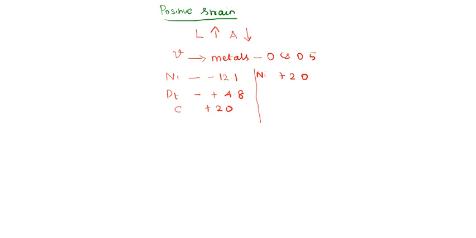Then for manganese the value is plus 0.47. So these are some of the gauge factor values of different metals. Based on the application, they can choose the metals.